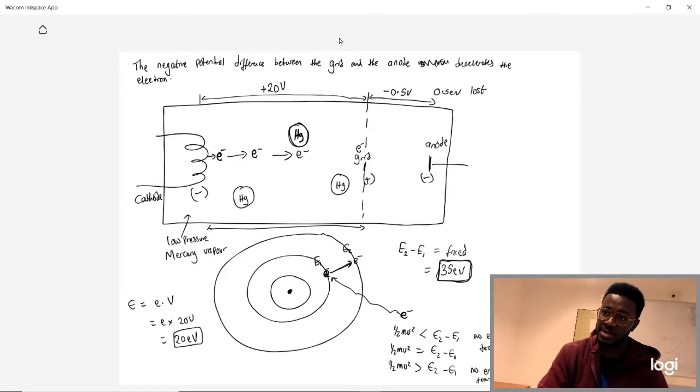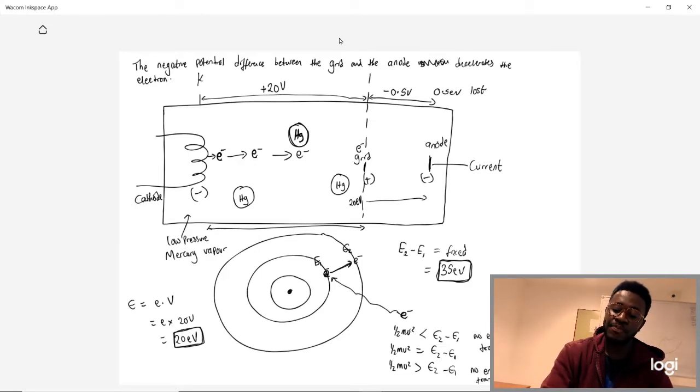Since the electron did not have any energy transfer and will have 20 electron volts at the grid, that means it can pass through and reach the anode. So there's going to be current.